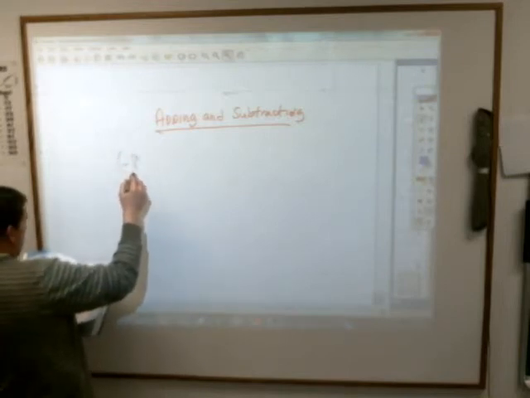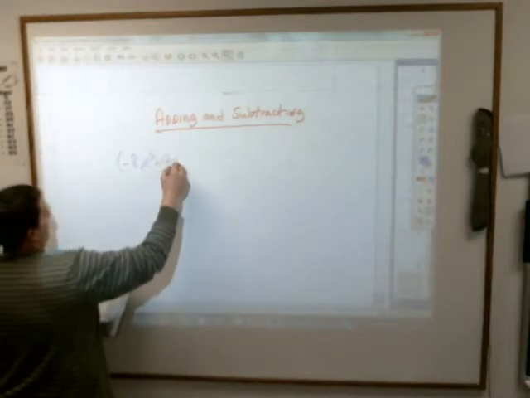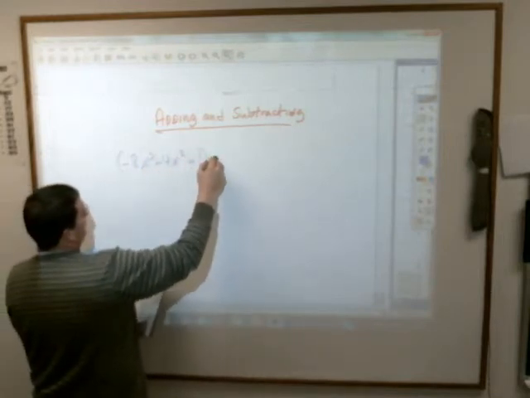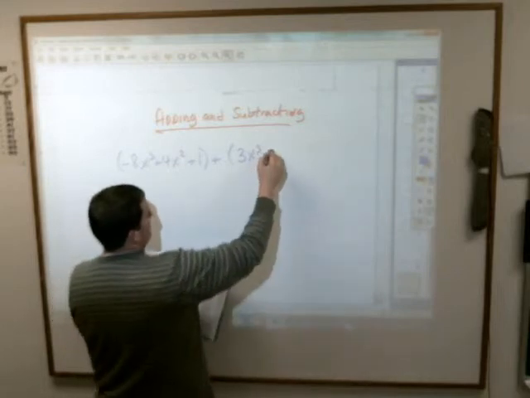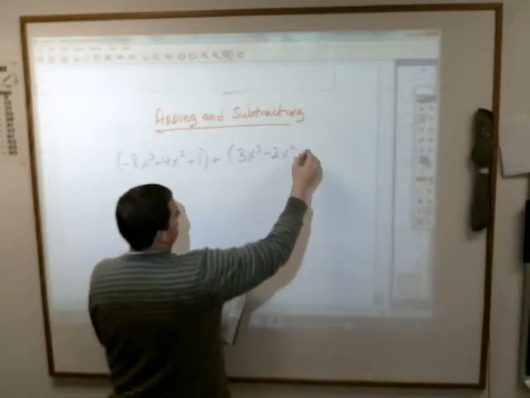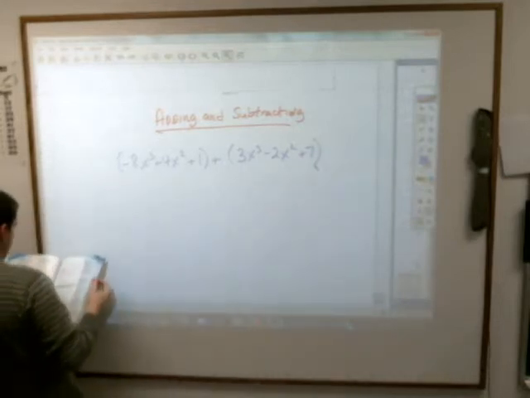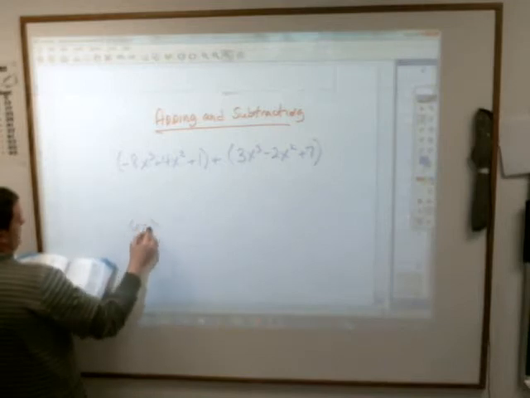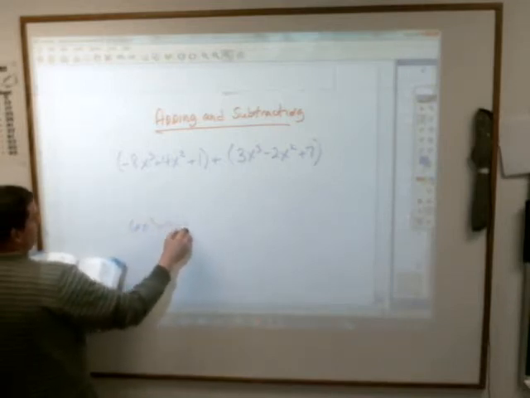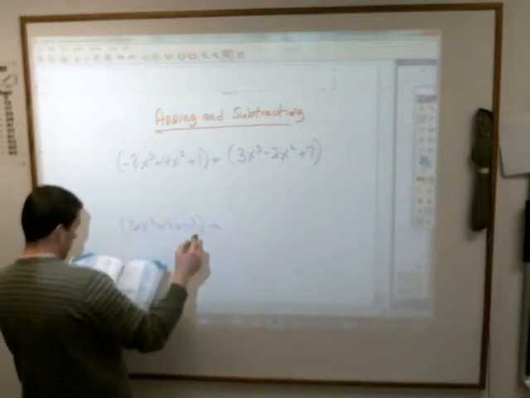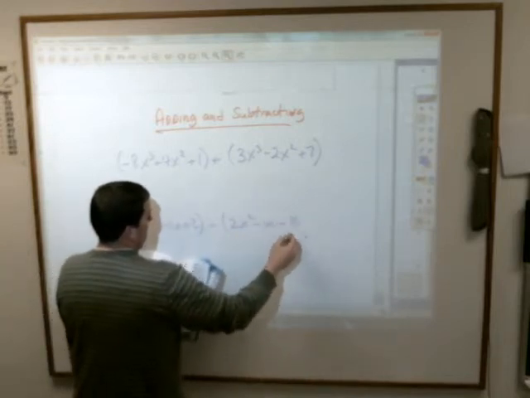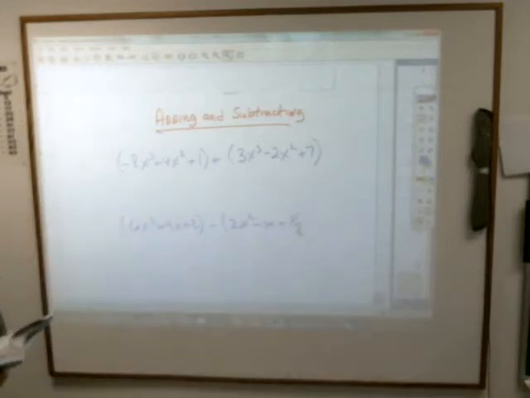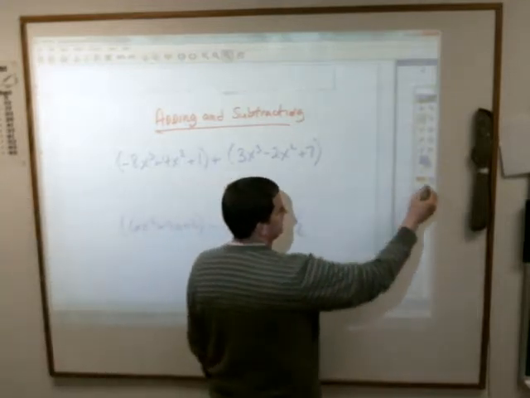Negative 8x cubed plus 4x squared plus 1, plus 3x cubed plus 2x squared plus 7, and then one subtracting: 6x squared plus 4x plus 2, minus 2x squared plus x plus 8. Ready? Give me a second for that.